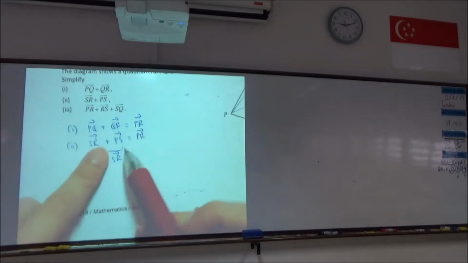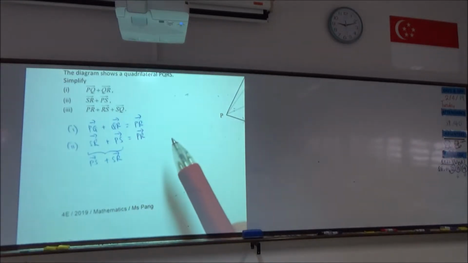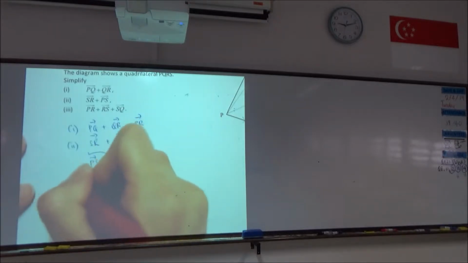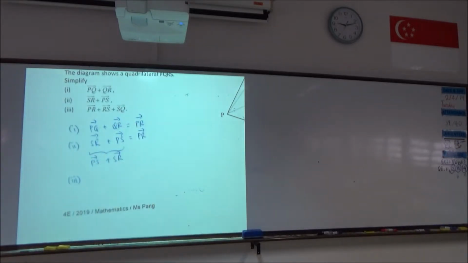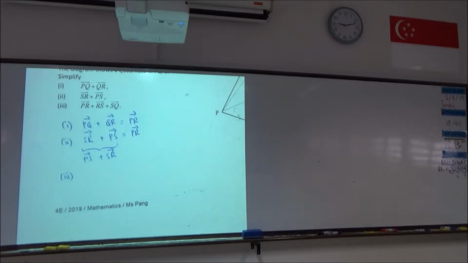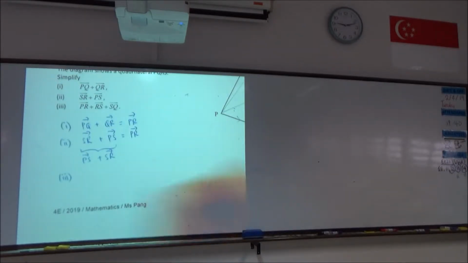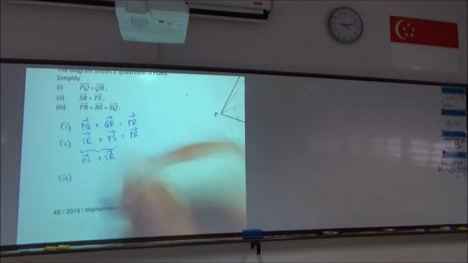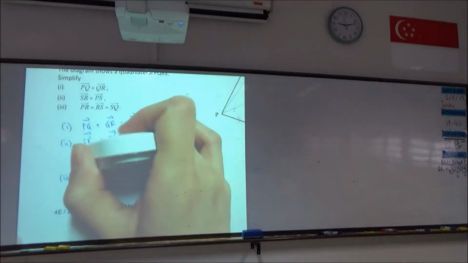So addition of vectors is commutative, meaning it's just like your usual 2 plus 3 and 3 plus 2. If there is no diagram given to you, you can present your answer in this manner.